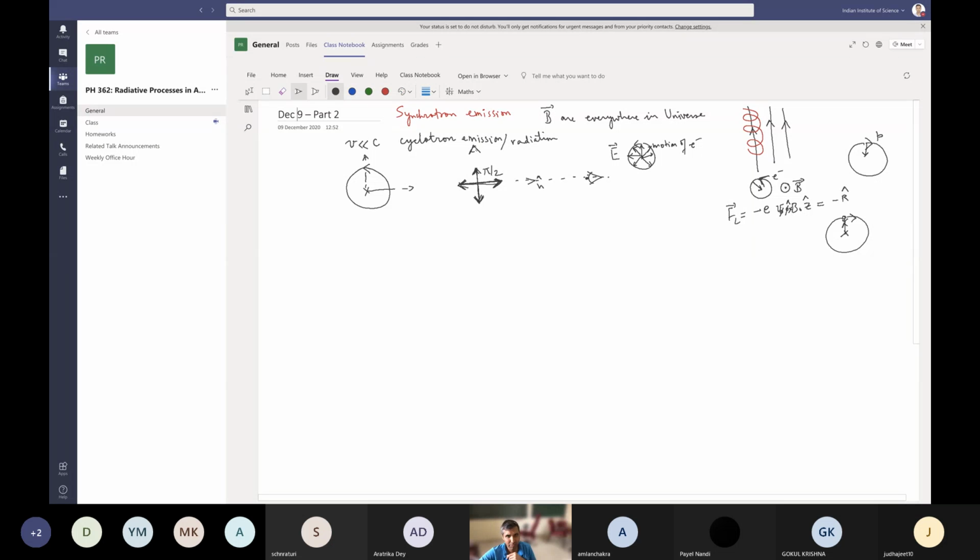Similarly, here you see linearly polarized light, but from out of the plane, you will see circular polarization, because you see both this acceleration, which is perpendicular to n hat, and this one, which is also perpendicular to n hat. So this is called cyclotron emission, and cyclotron emission is just a simple application of dipole radiation.